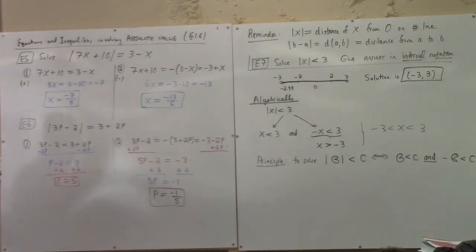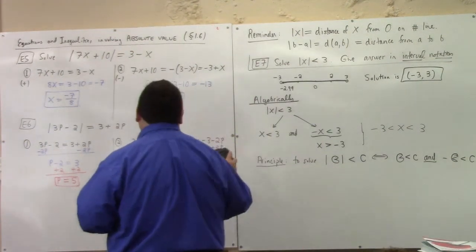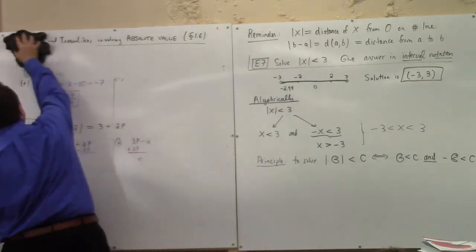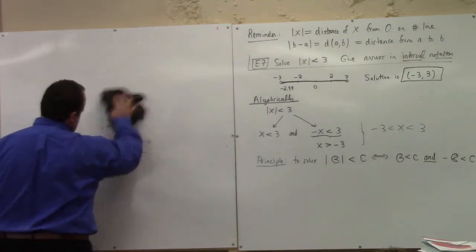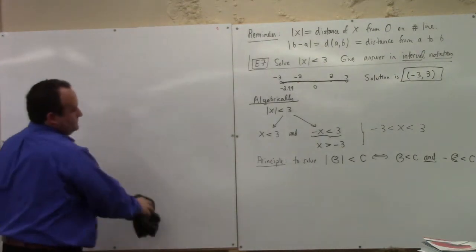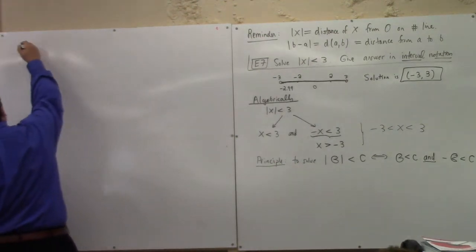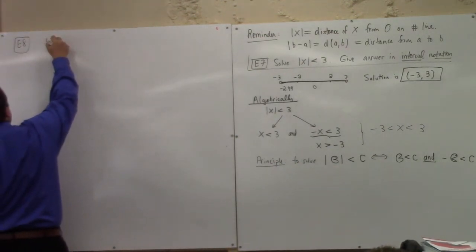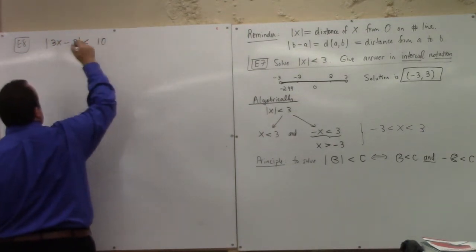Let me be less cartoonish and give you another example, which isn't quite so simple. What if we were going to solve the absolute value of 3x minus 8 is less than 10?